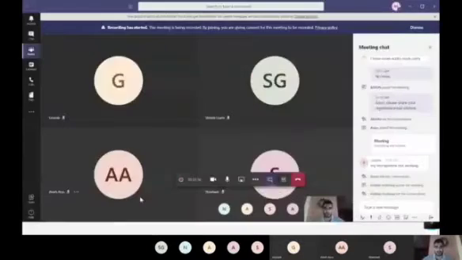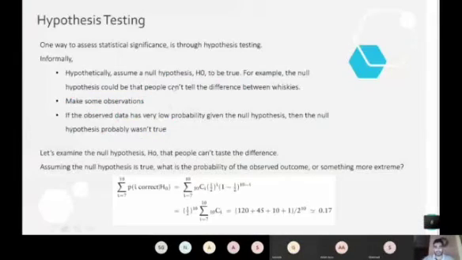So for 10 people, the hypothesis is you can't tell the difference. If you can't tell the difference, then the probability is 0.5. So out of 10 experiments, you get 7 correct and 3 incorrect. What is the probability of that? Summing 7, 8, 9, 10, you get about 0.17 probability.